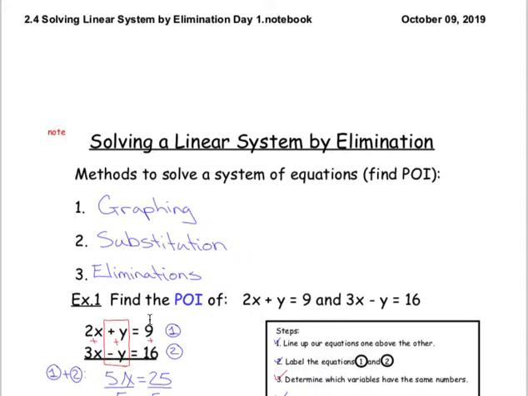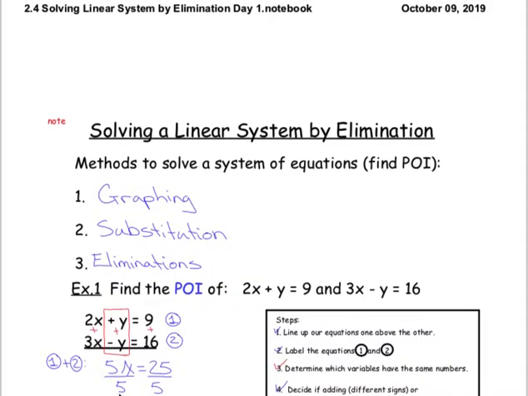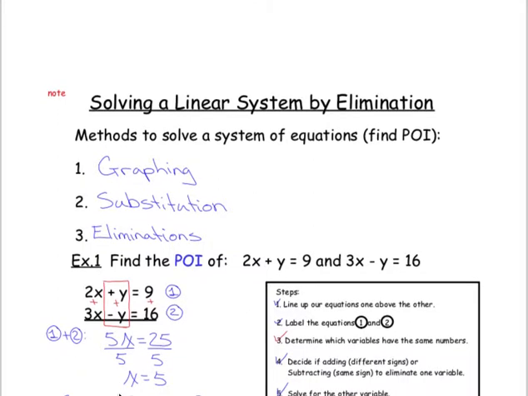And then 9 plus 16 gives us 25. Okay, now we want x by itself, so we have to get rid of this 5 over here. We need to divide both sides by 5. When we divide both sides by 5, we get x alone, so x is 5.